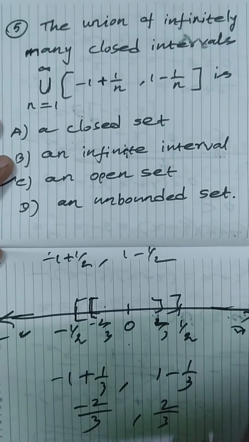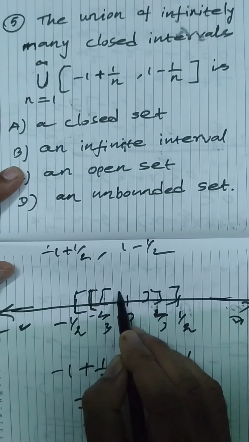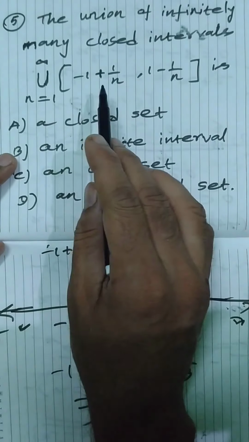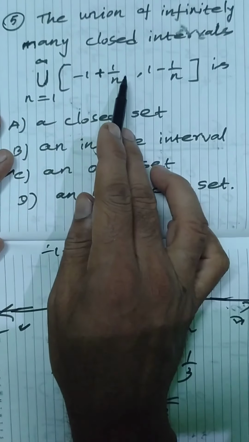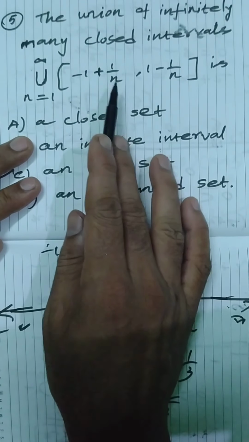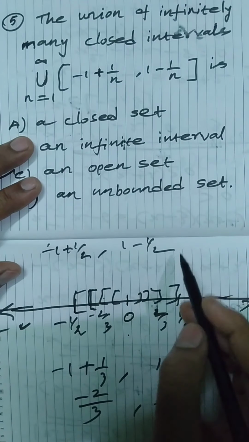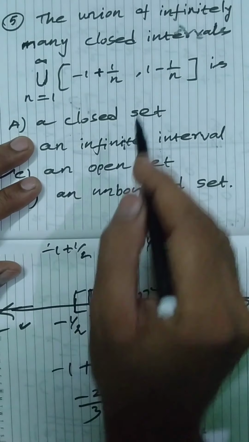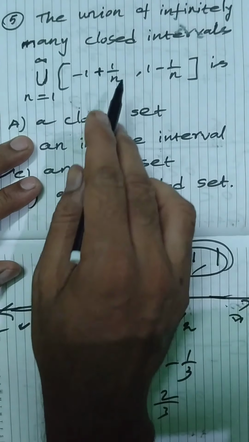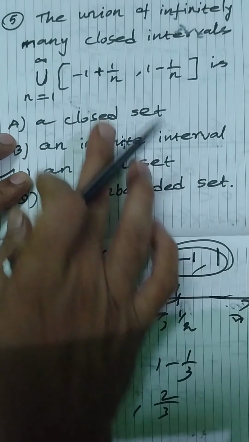Next, if we keep giving values for n like this, when n approaches infinity, what will happen? As n approaches infinity this term becomes 0, so we get minus 1 and plus 1, but these two numbers are not in the set. Am I right? Minus 1 and 1 are not in the set.